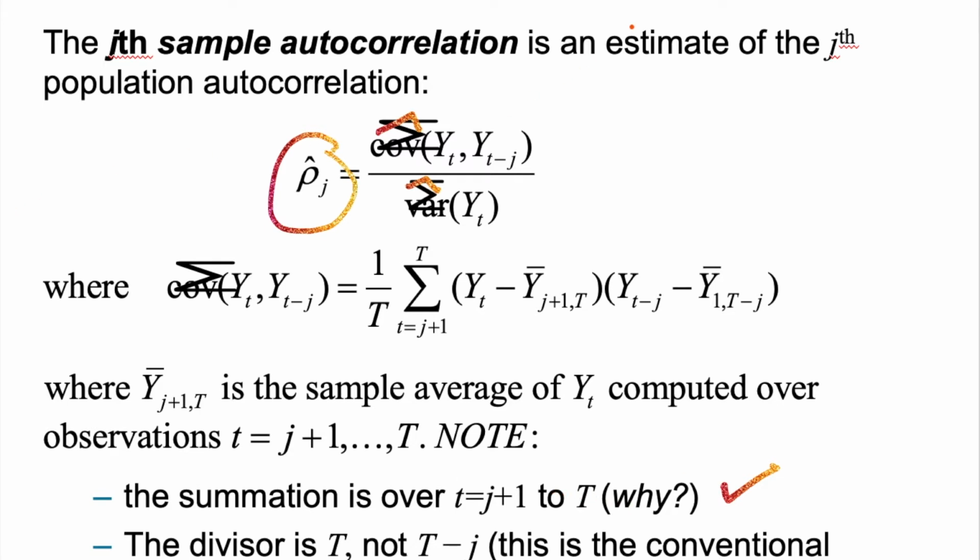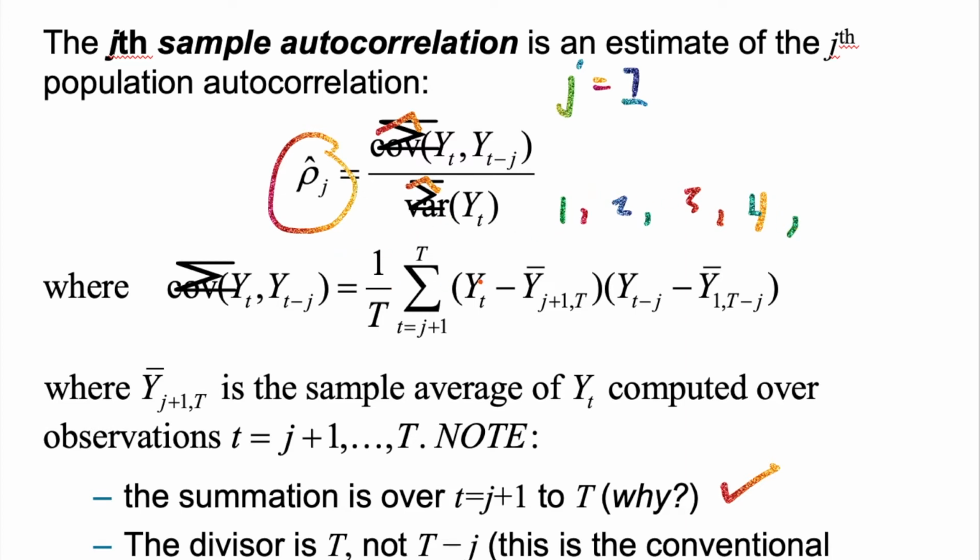Why is this? Let's think about if j equals 1. In our observations, we have observation 1, observation 2, observation 3, observation 4.